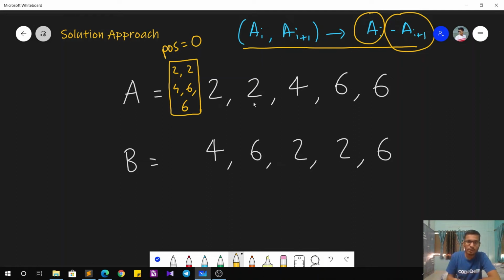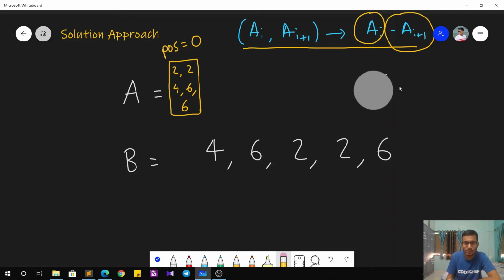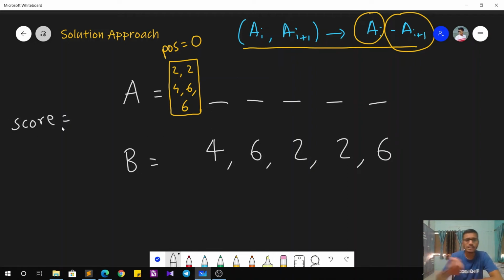So what I can see over here is if I bring all the elements to position 0, now I can see that all these positions are empty with me and these are empty. So I'll just draw them as empty seats. Okay. And what is my current score? Current score is basically every element came from its original position to position 0.